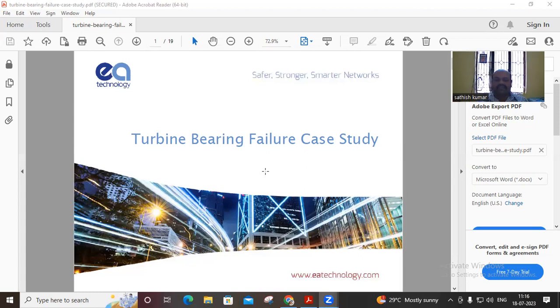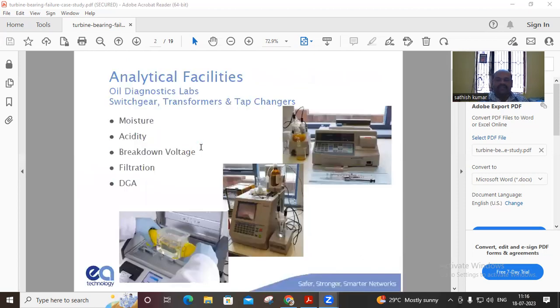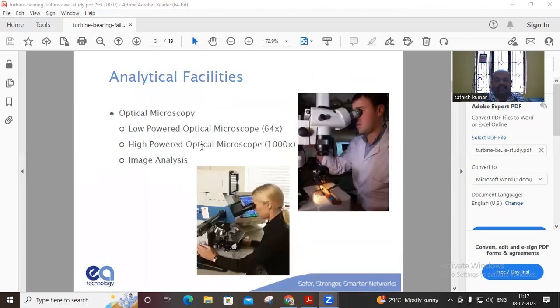In this case study, we will look into the bearing which is mounted in the turbine. The analytical facilities available in the company cover switchgear, transformers, tap changers. They analyze moisture, acidity, breakdown voltage, everything, and they have optical microscopy to check the microstructure.